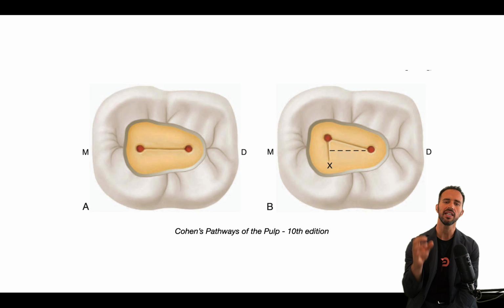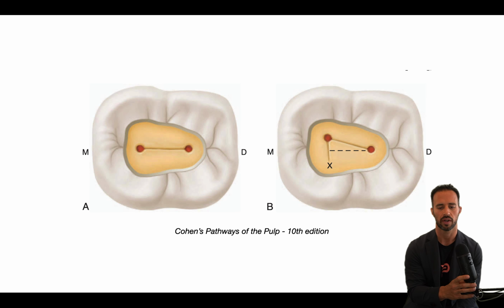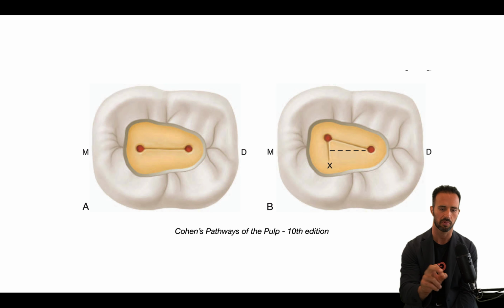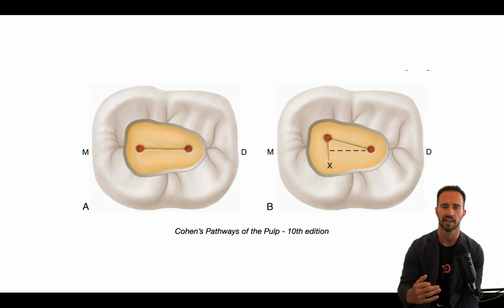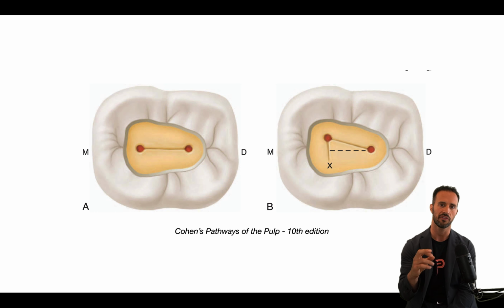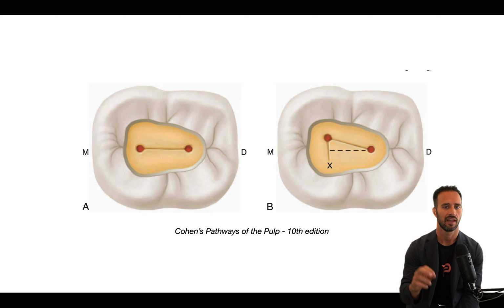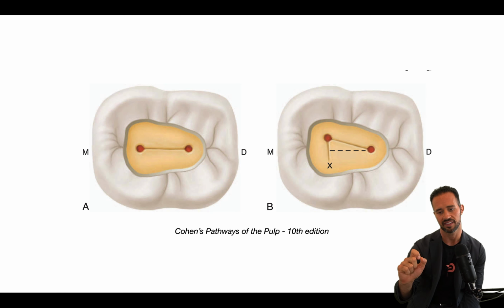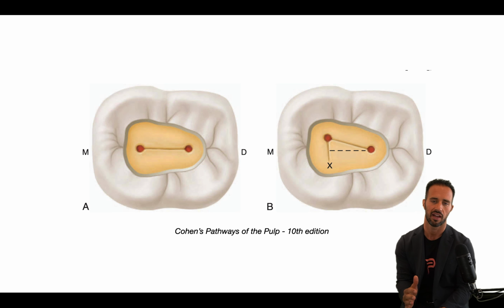And this image really exemplifies what I mean by the law of symmetry. Figure A shows us a lower molar that very obviously has 2 root canals. You can see that the 2 canals present, the mesial and the distal canal, are on the same plane internally, as opposed to figure B, where, for instance, the MB canal and the distal canal were discovered, and maybe we're not able to find a third canal.